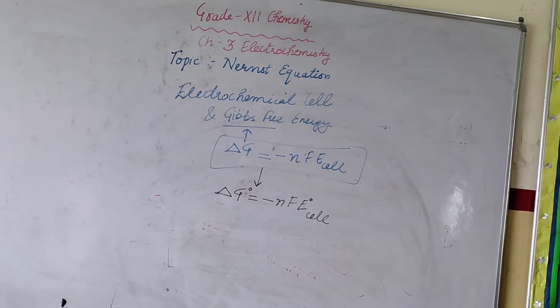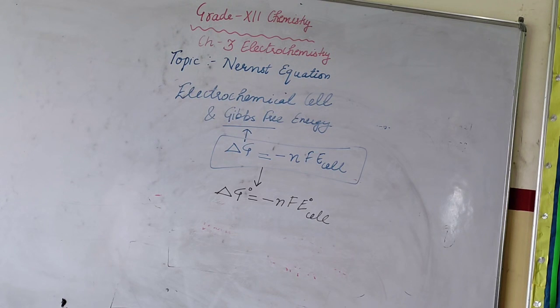So my dear students, in this lecture we have discussed the Nernst equation. The Nernst equation is used to calculate the E of cell in non-standard conditions. It can calculate the EMF of the oxidation half cell alone, the reduction half cell alone, and the E of the cell as a couple also, like we calculated the E cell for the Daniell cell.